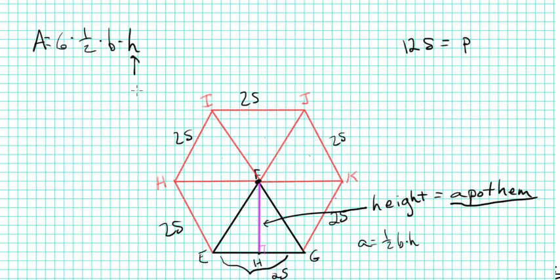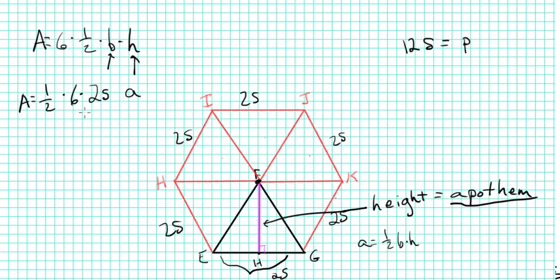Well, as I said, the height is the same as the apothem. Base, how much is the base? 2 times s, right? And I've got 6 of those, so I go 6 times 2s times 1/2. That's the area of my whole polygon.